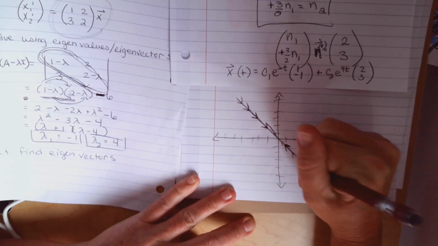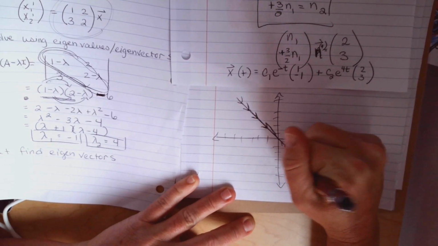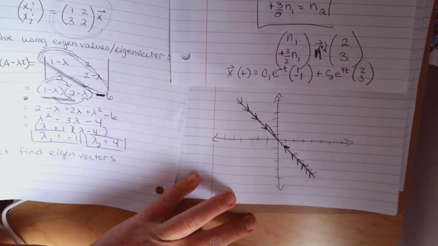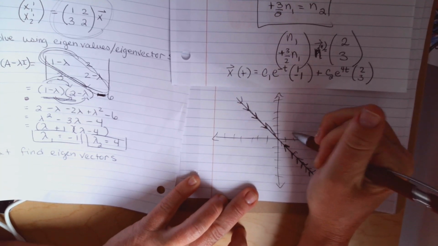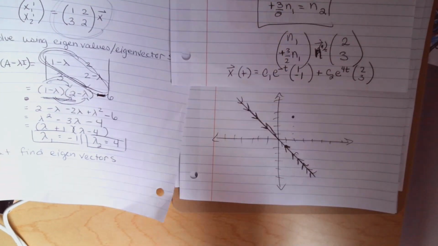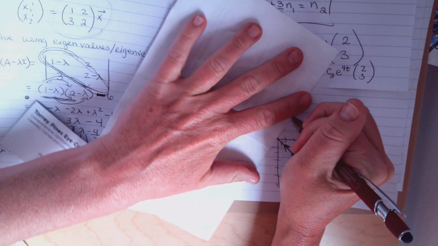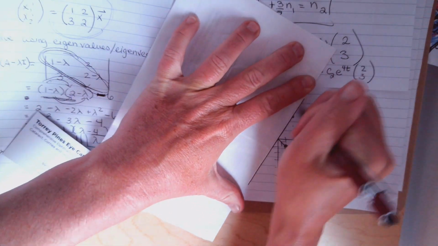Does that make sense? Now let's go ahead and do the other one. The other one's going to be 2 over and 3 up. Let's draw our vector.